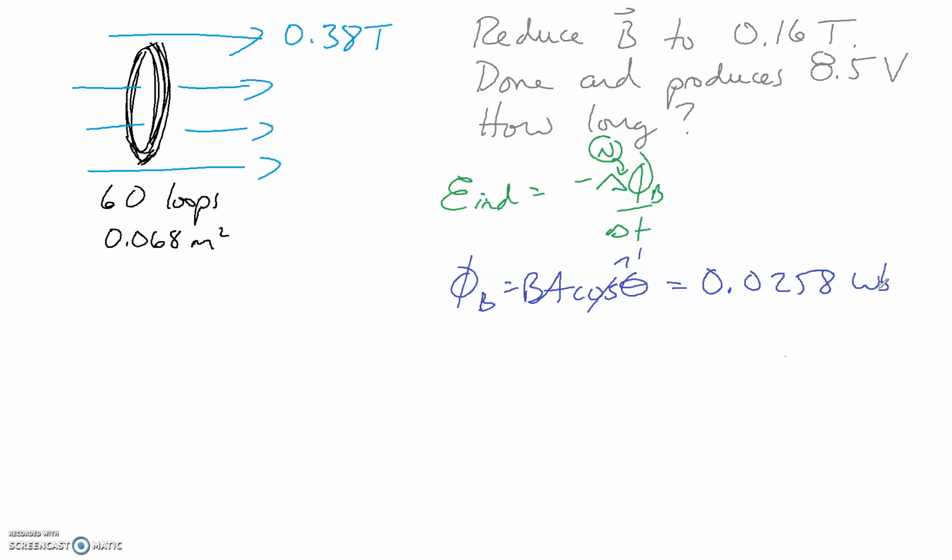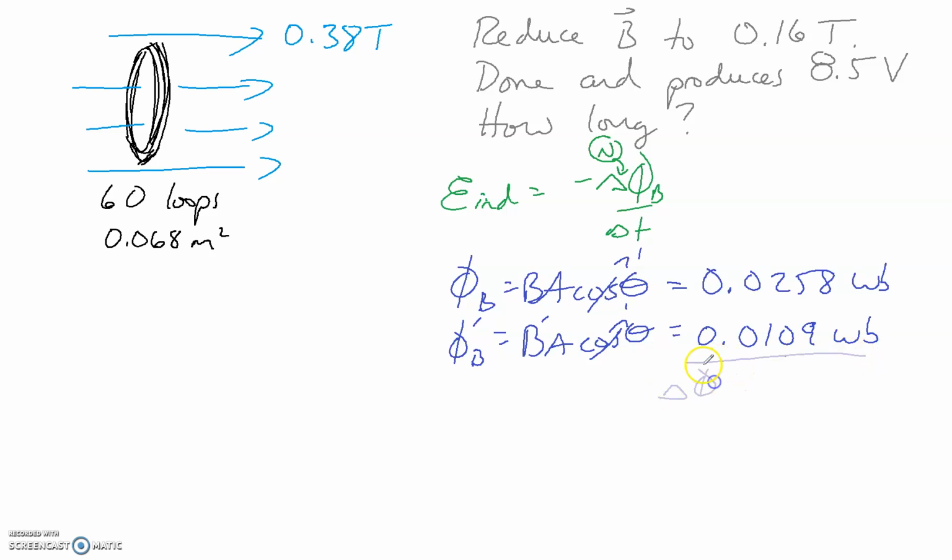Now I've also got my second magnetic field, so I can find my second, or primed, flux. Again the cos theta is equal to 1, so I just have 0.16 times 0.068, a similar calculation, and I've got 0.0109 Webers.